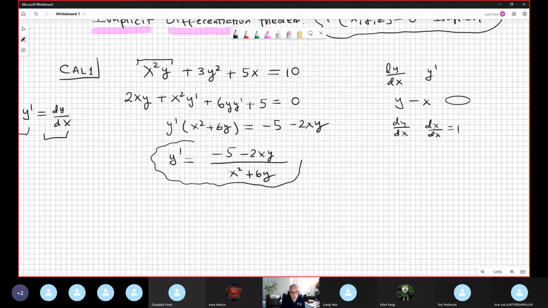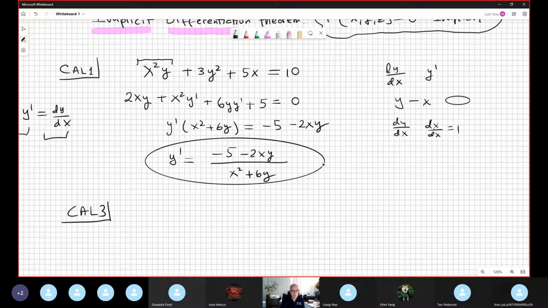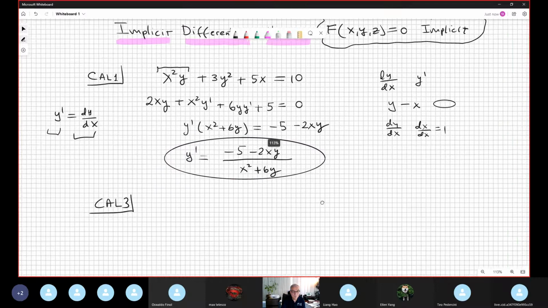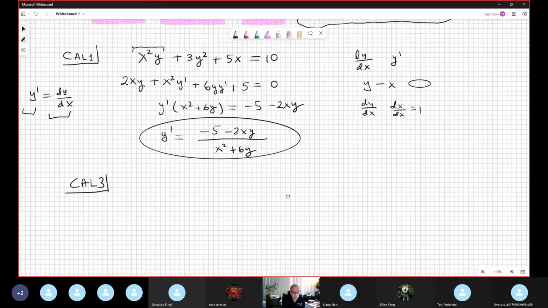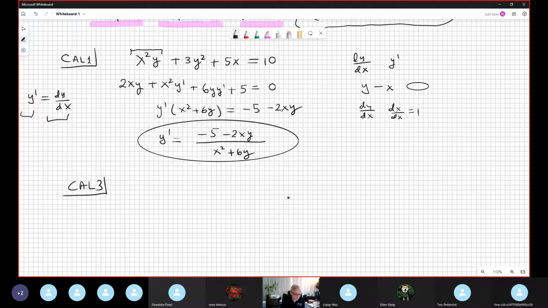What is the goal now? Generalize that formula, Cal 3. Well, suppose I want to compute, in the region, of course, partial derivatives. So you express it in implicit form. Okay, implicit, remember, is something like that. In this case, we have two variables, no z.